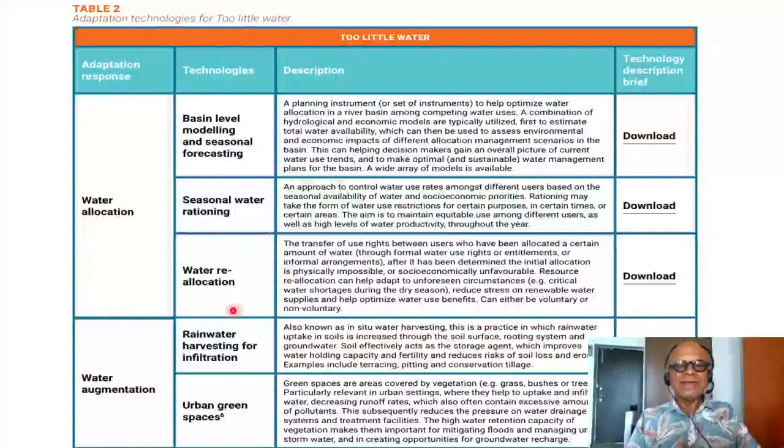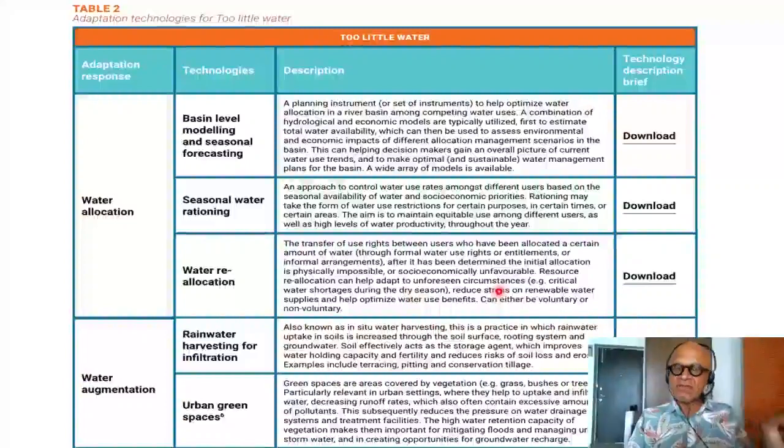Okay, water reallocation, the transfer of use rights between users who have been allocated a certain amount of water through formal water use rights and entitlements or informal arrangements after it's been determined that initial allocation is physically impossible or socioeconomically unfavorable.